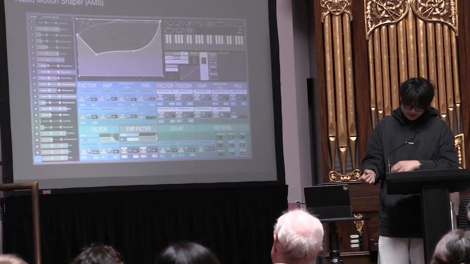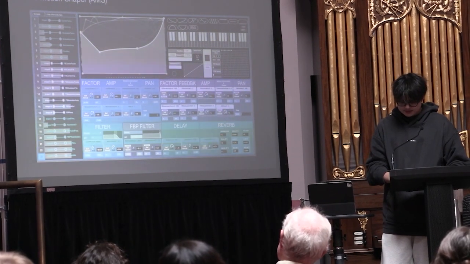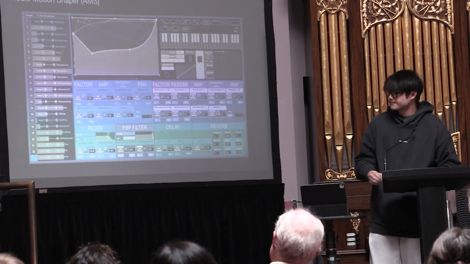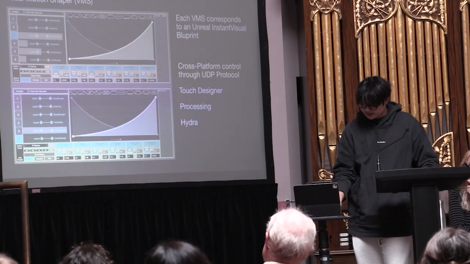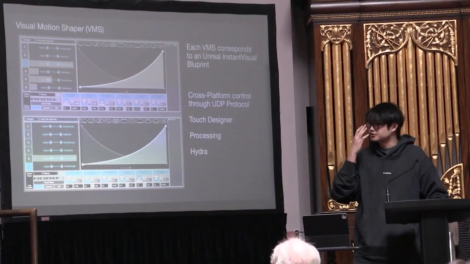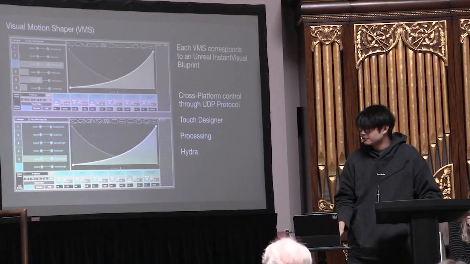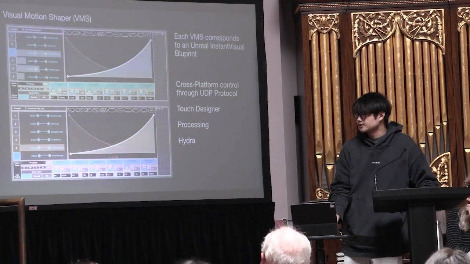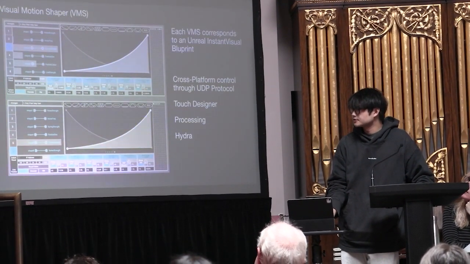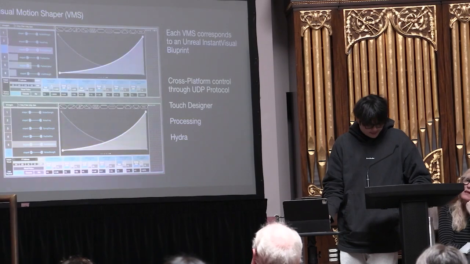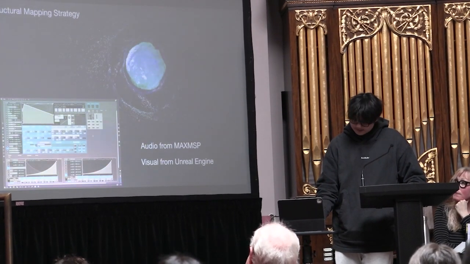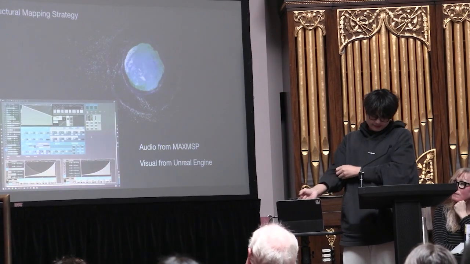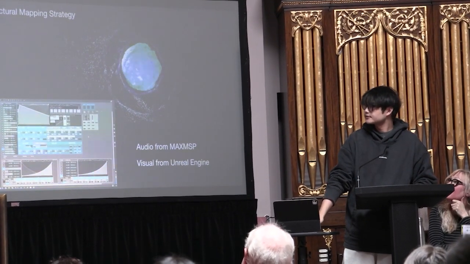But it can also be used with other visual design platforms through the Open Sound Control protocol. And this is the audio Motion Shaper, and these two are visual Motion Shapers, which correspond to different blueprints in Unreal Engine. And this is what it looks like when those two platforms are running.